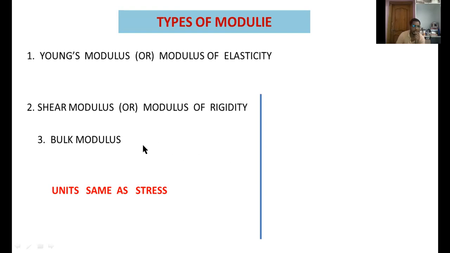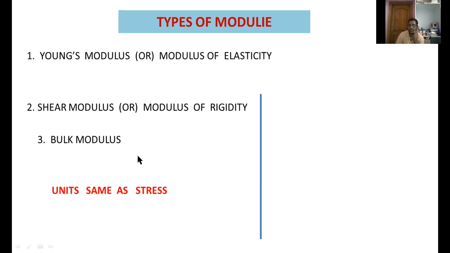The units for Young's modulus, shear modulus or bulk modulus are the same as stress, because the formula for Young's modulus is stress by strain, shear modulus is also stress by strain, and bulk modulus is also stress by strain.